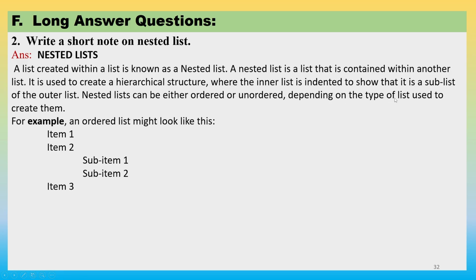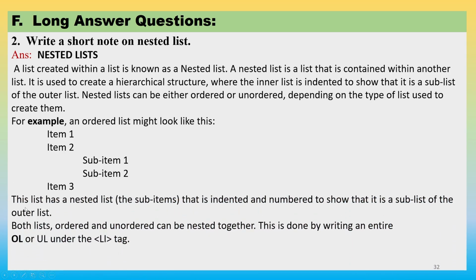used to create them. For example, an ordered list might look like this: item 1, item 2, and under item 2 I have 2 items, and then I can have item 3. So within these 3 items, the second item is having 2 sub items.